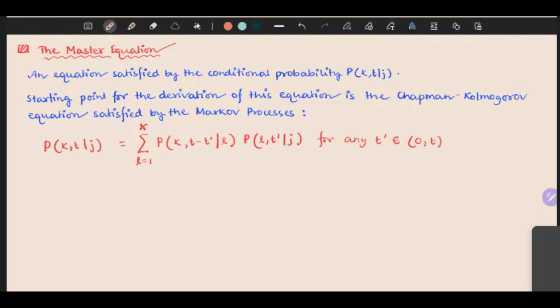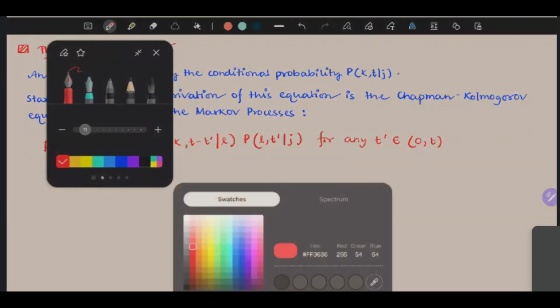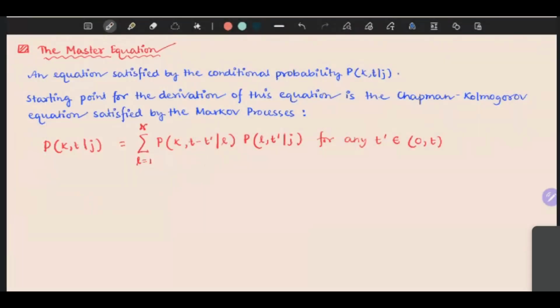So what does this equation say? Let's understand this point. Let's say this is equation number 1.